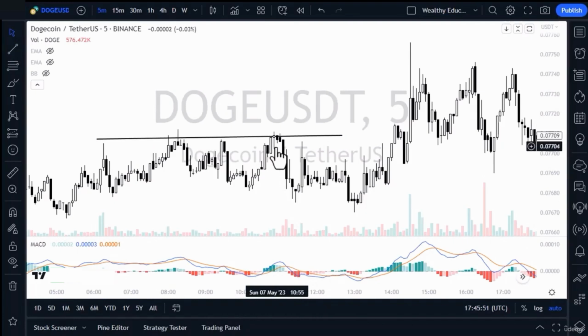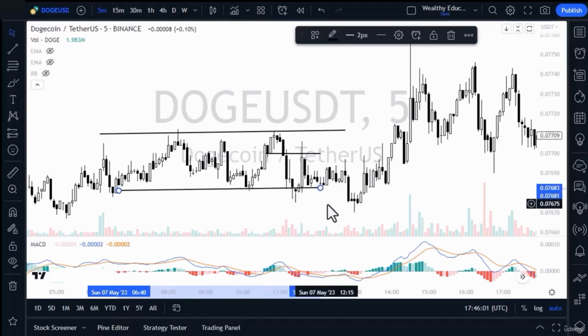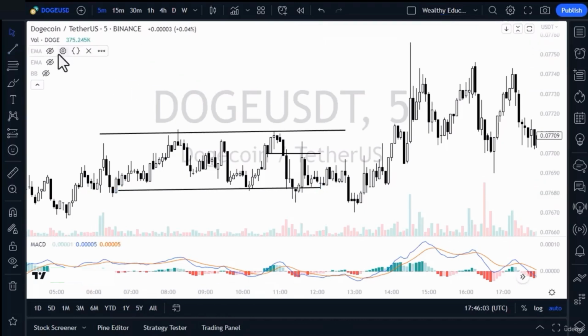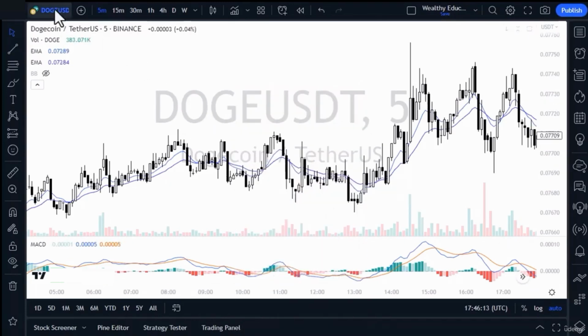So here you would have a breakdown below this candlestick. That being support, this being your target. And take a look at the moving averages. When you break down below it, it's right before it crosses. So that's obviously something worth paying attention to as well.